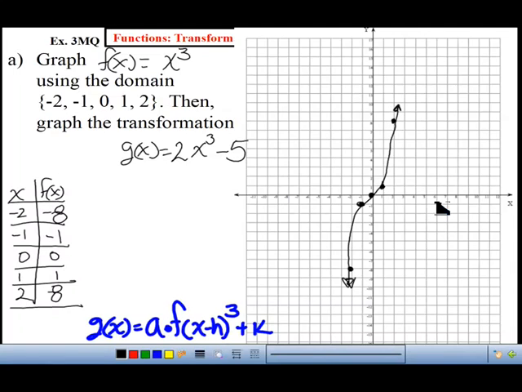Okay, so that's our parent function. So before I move on, let's see if you can identify the parameters that we have on that transformation. What do they give us? What don't they give us?